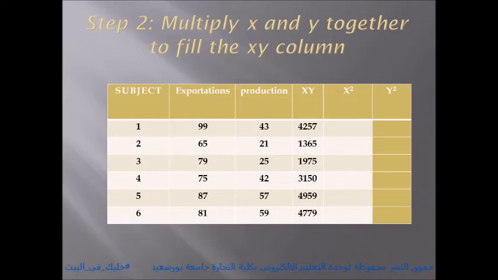Number 4, 75 multiplied by 42 equals 3,150. Number 5, 87 multiplied by 57 equals 4,959. Number 6, 81 multiplied by 59 equals 4,779. So we get x multiplied by y and put it in the xy column.